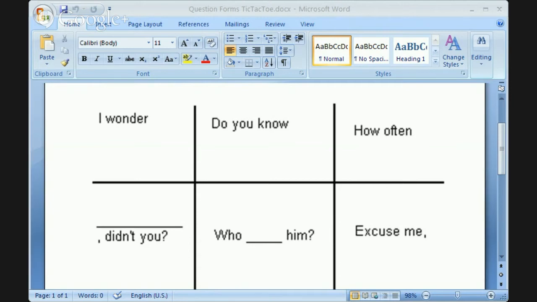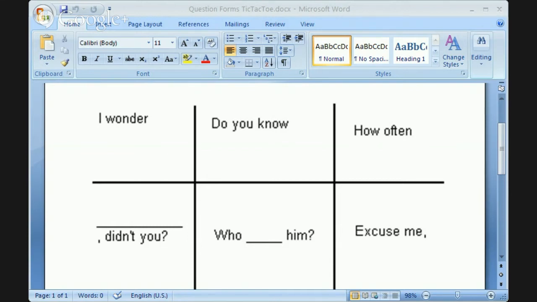When we ask a question that demands information, we use final falling intonation. The last syllable of your sentence will fall. In other words, go low tone.